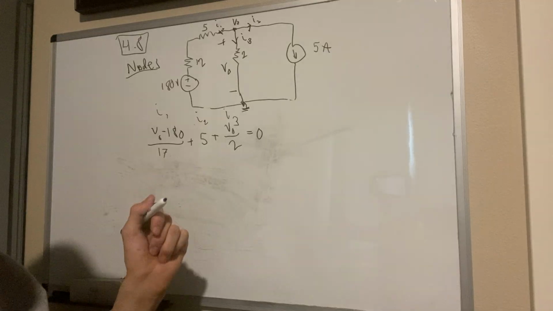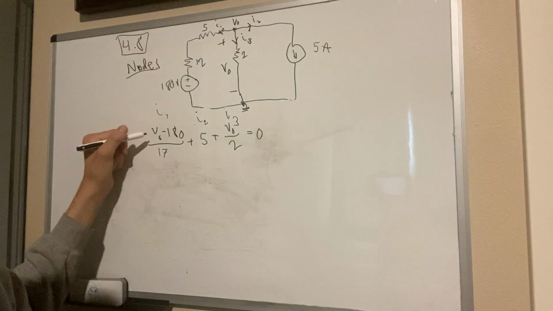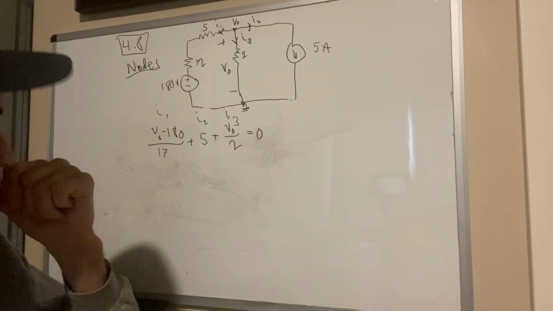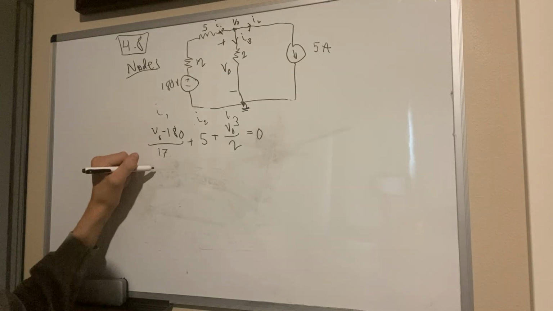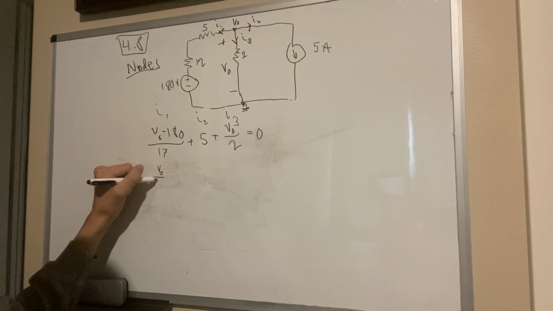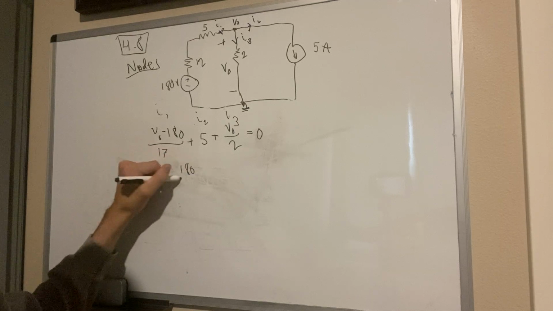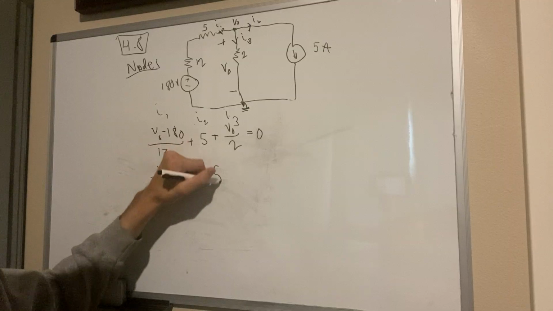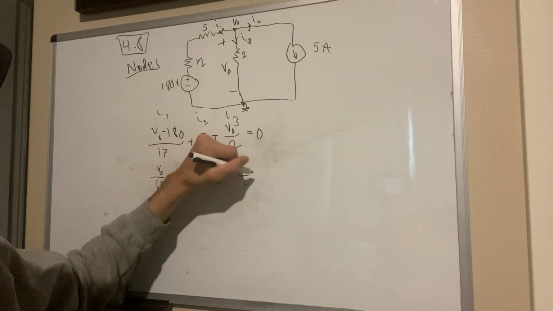Now there are lots of ways you can solve for these. I like to factor out a V naught. So group all the V naught factors together. The way we do that is we separate out this fraction first. So V naught over 17 minus 180 over 17 plus 5 plus V naught over 2 equals 0.